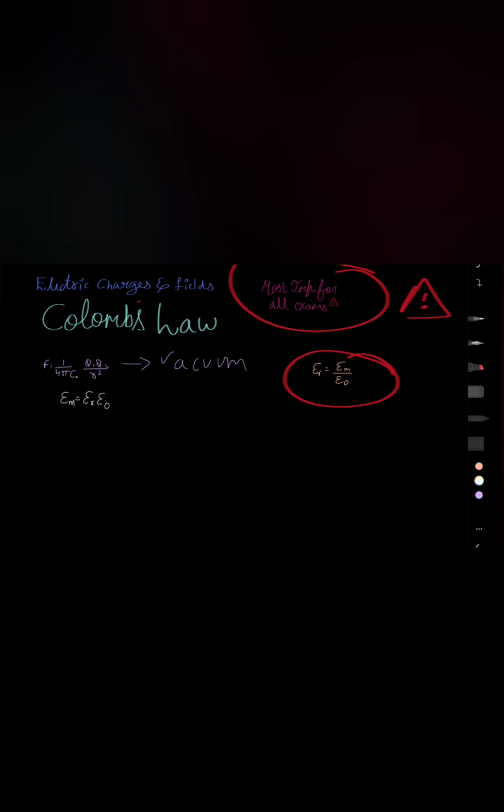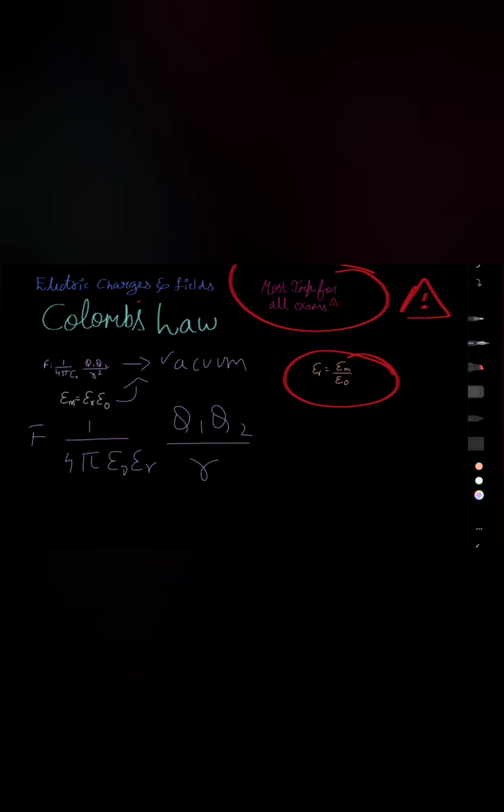By using this, I'll put the value into this equation. I'll get F is equal to 1 by 4 pi epsilon naught epsilon relative, q1 q2 by r square.